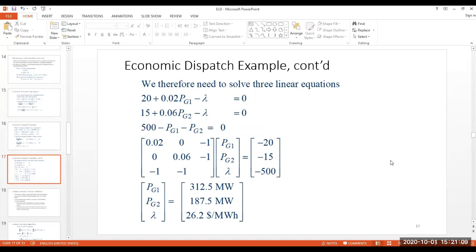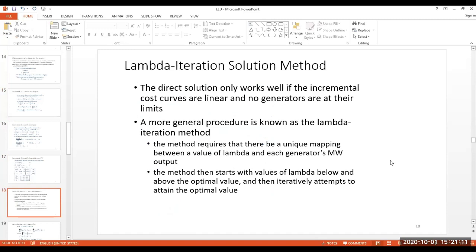Okay. So now we try to solve this problem. Of course, we'll take another example. But now we will be solving using another method, which is known as the lambda iteration method. Why do we need it? Because this method is also applicable for inequality constraints.